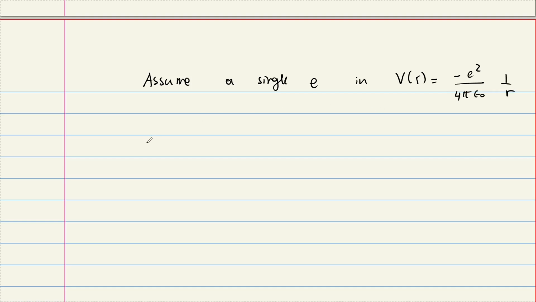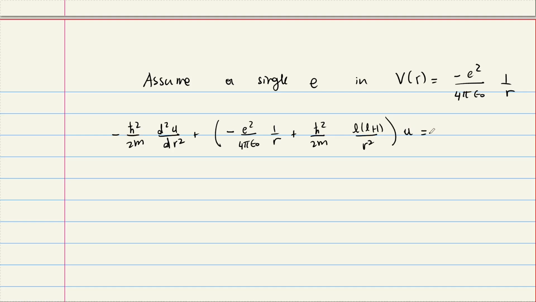So let's plug this into the radial equation we derived yesterday. What was the radial equation? Minus h bar squared over 2m d squared u over d r squared, plus minus e squared over 4 pi epsilon naught 1 over r, plus h bar squared over 2m l(l plus 1) over r squared, u is equal to E times u.